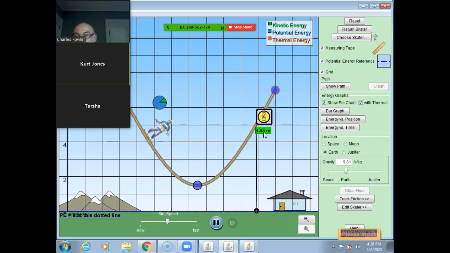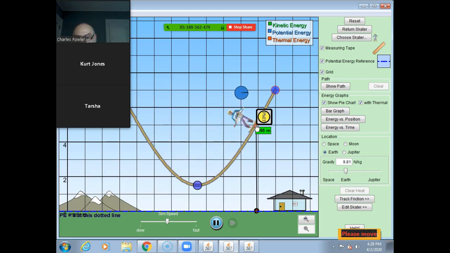Now determine the speed at the maximum height. When he gets right up here, how fast is he going? At that moment, when he reaches that point, what's his speed? 0, because he stops there and then starts going back the other way. So at the moment he reaches that highest point, his speed is 0. So what is kinetic energy at the highest point?